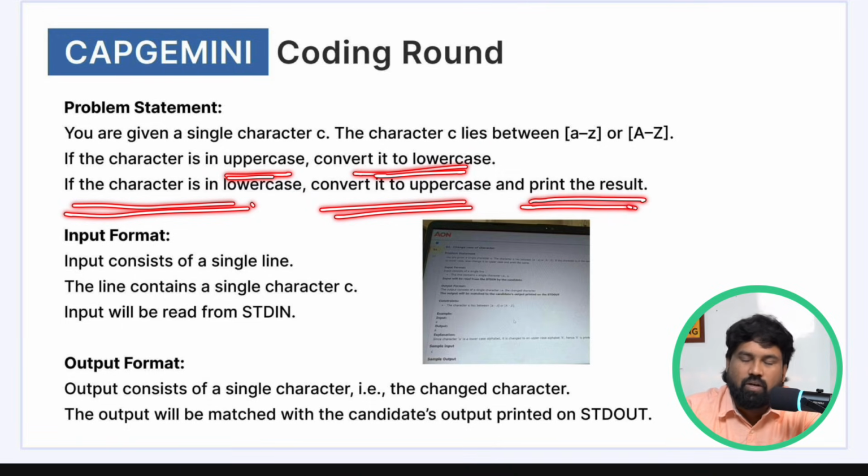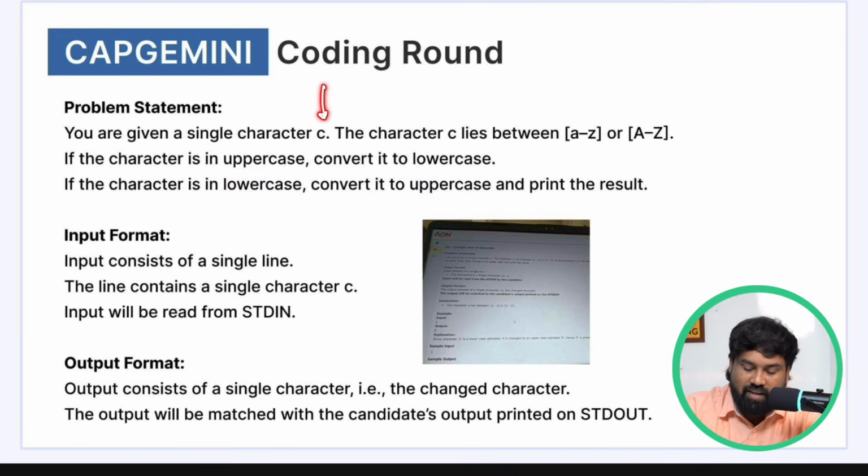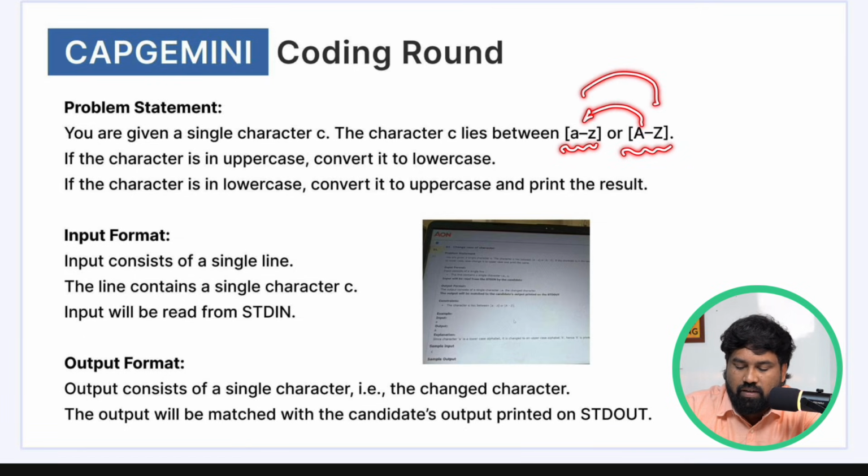Print the result. C is a character, guys, it's not an alphabet as such; in C we are storing the character. Remember that. They will give you either small letters or capital letters, and you need to convert them vice versa.